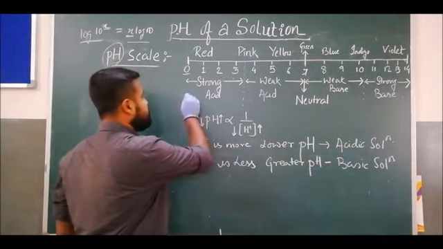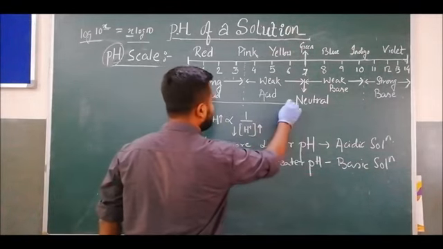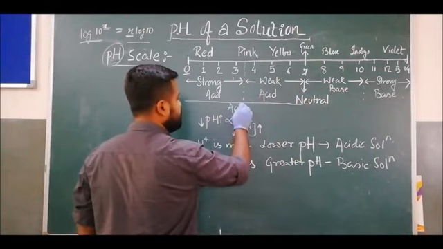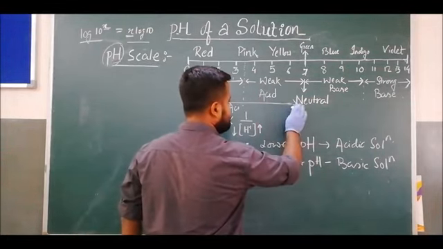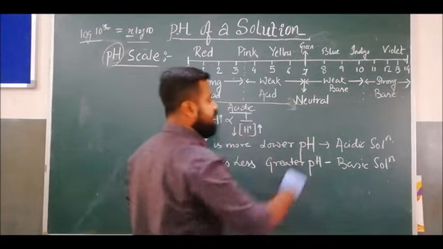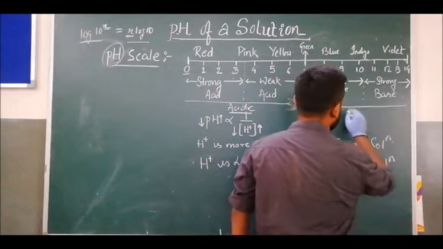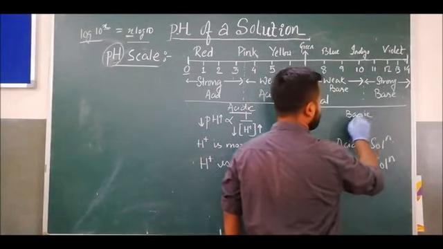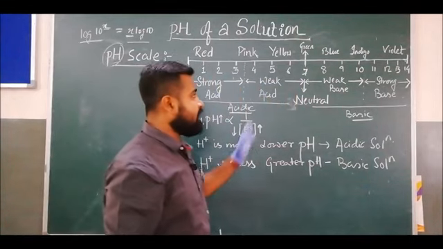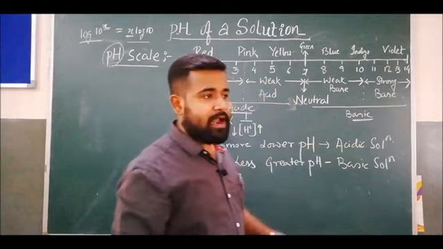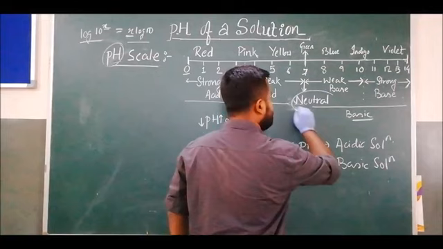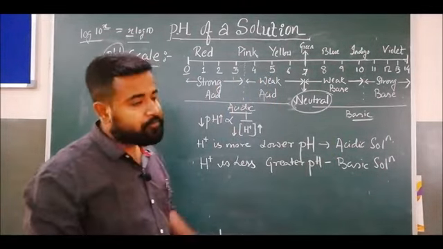So 0 to 7 is acidic pH, not less than 7. After 7, up to 14, it is a basic pH. Below 7 is acidic pH, above 7 is basic pH, and 7 is the midpoint between 0 and 14, which is the neutral pH. Clear?